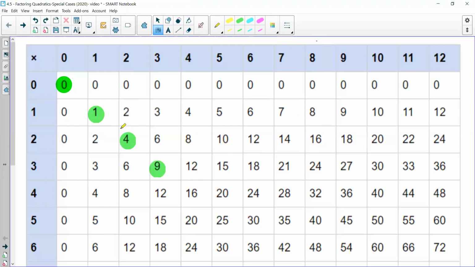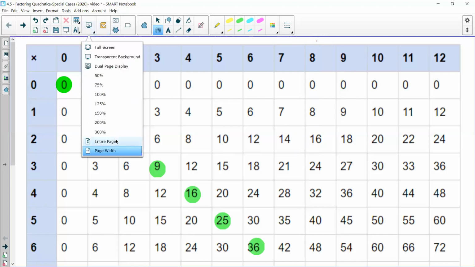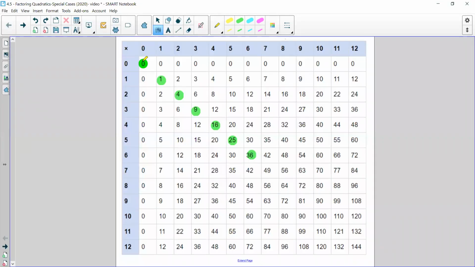So 0, 1, 4, 9, 16, 25, 36. Let's take a look at the entire page here. So they're all in this diagonal pattern all the way down through here. 49 is another one, 64 is another one, 81, 100, 121, and all the way down to 144.